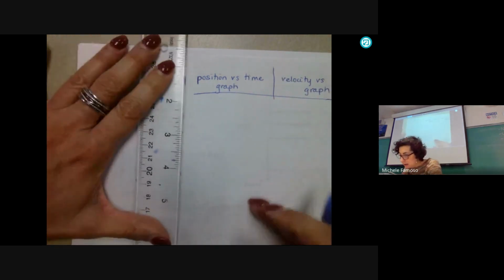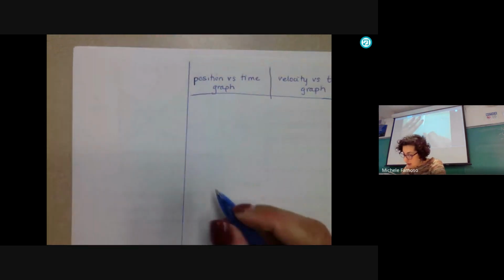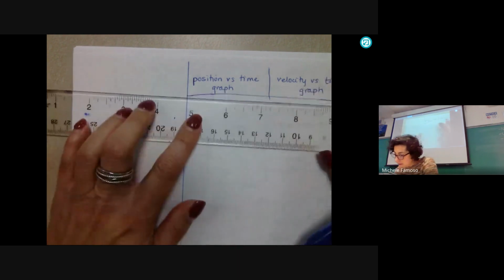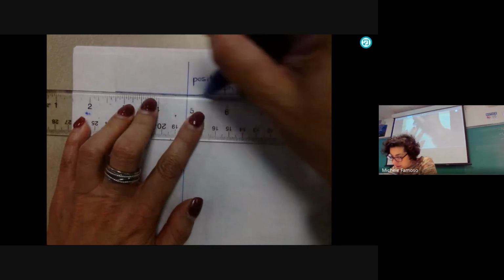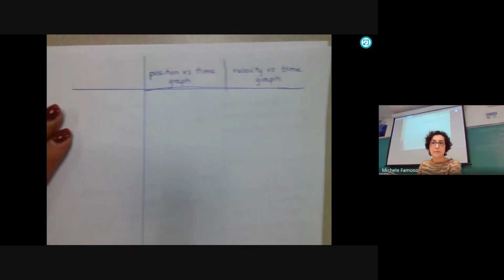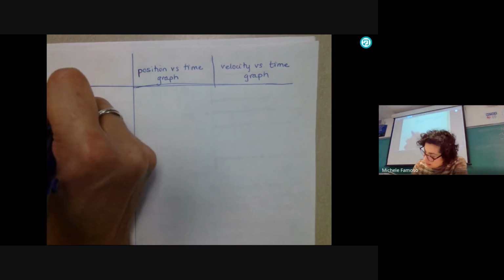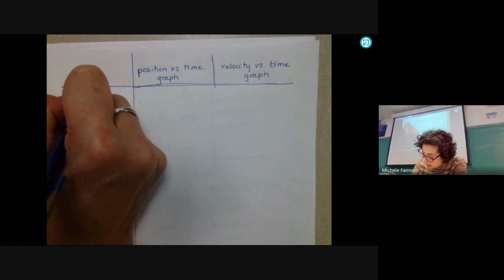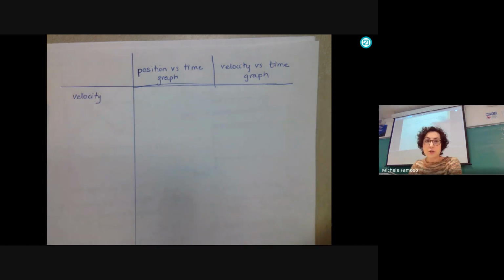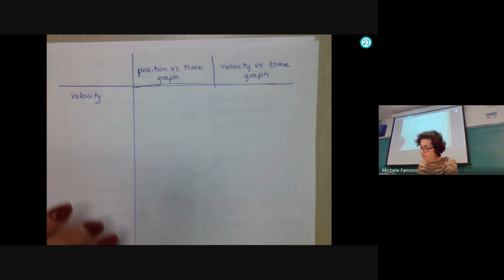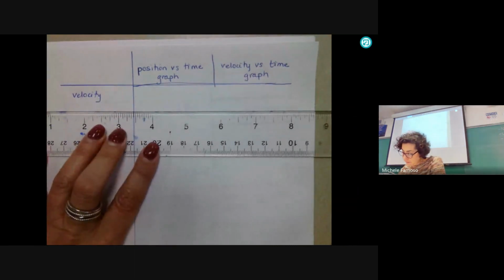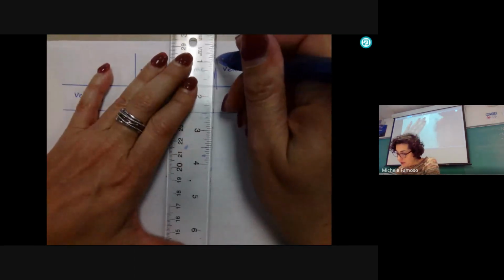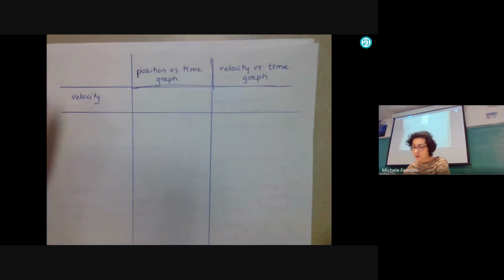And on the left, I'm going to be listing the different characteristics, like how can we determine the velocity on each of these graphs? I'm using a ruler. You don't have to be that OCD about it.